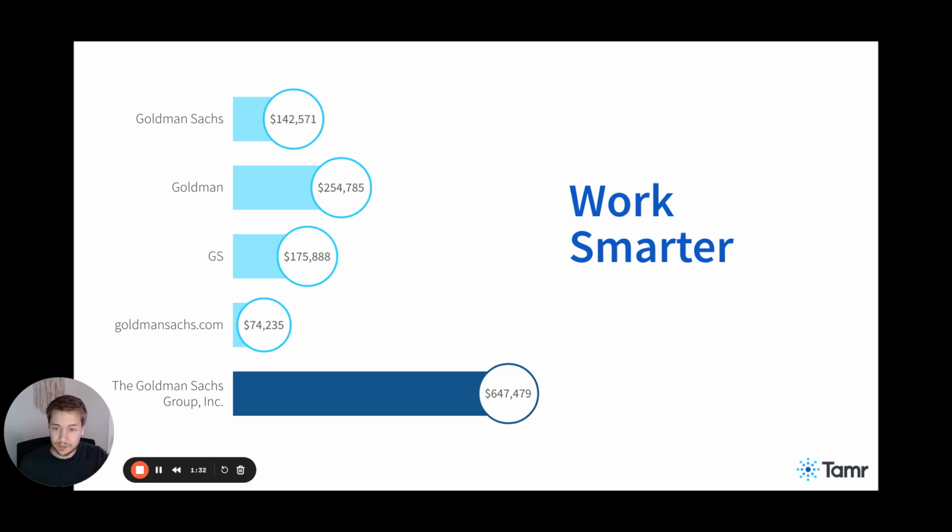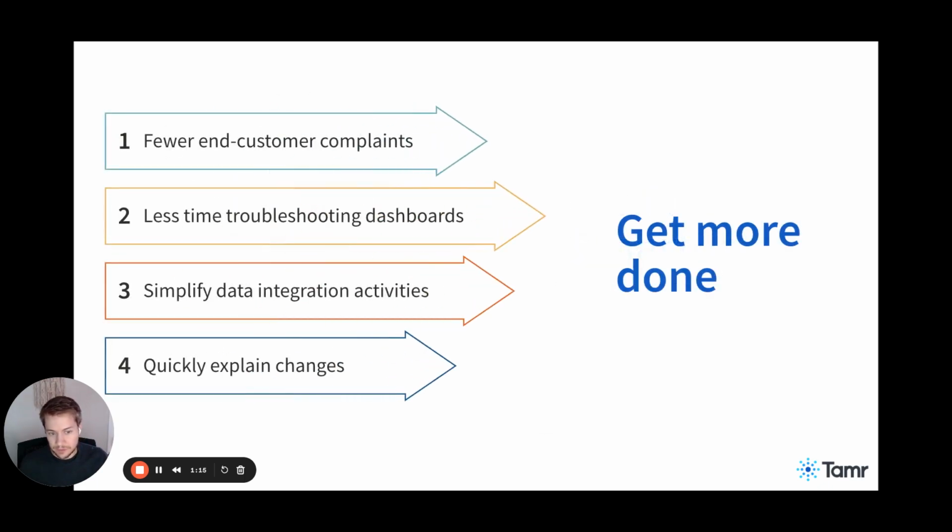In this case, if we're thinking about customers and we want to review the revenue of our customers, by having that Tamr ID, we're able to see all of the sales that we've done with that customer and actually get an accurate aggregate total of our revenue with that customer. The other main benefit is that you could get a lot more done and be much more efficient when you have Tamr IDs.